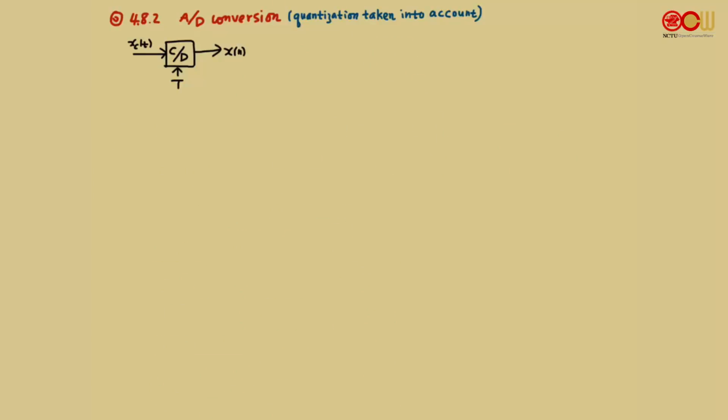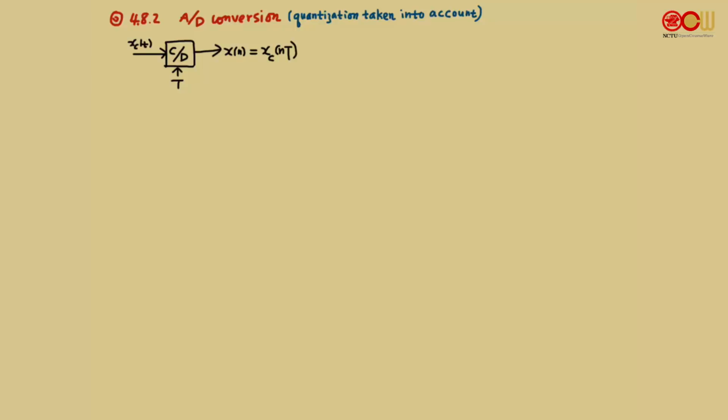Another important issue in sampling is the issue of quantization. What is quantization? In our previous discussion of C to D, we take samples of xc(t), and x[n] is equal to xc(nT).